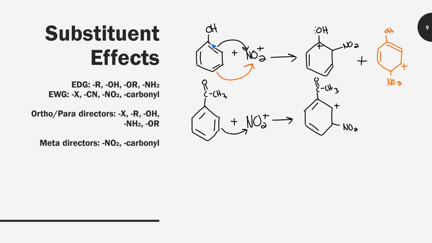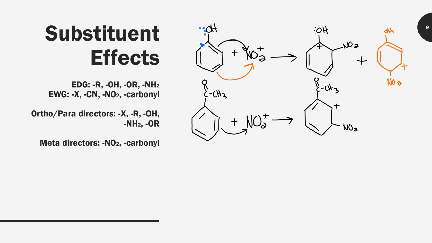So if I have an OH group already on this ring, this oxygen will have 2 lone pairs of electrons. Pretend that's on the top side of the oxygen, but it has 2 lone pairs of electrons here. So it's an electron donating group. It can donate electrons to the ring.